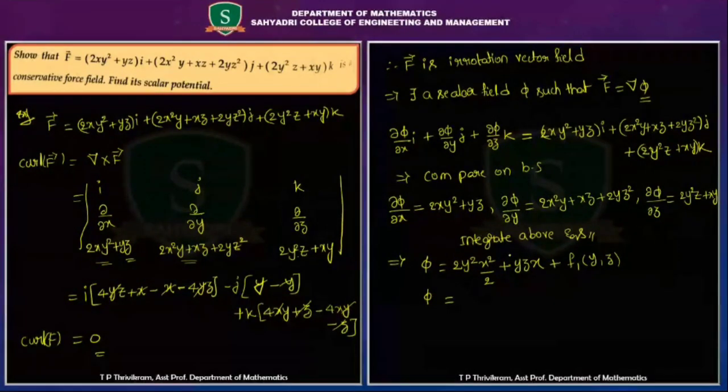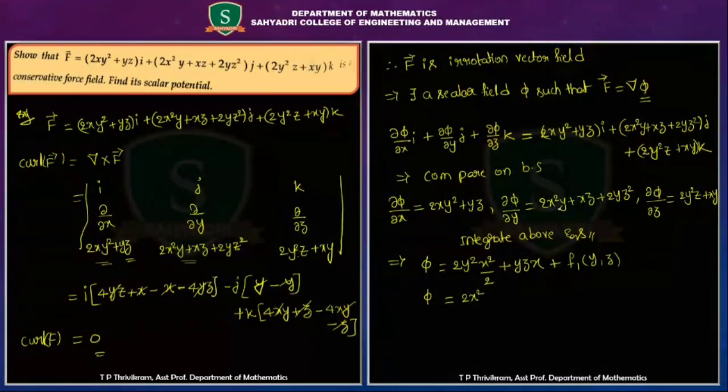Next, phi is equal to, from the second equation you try. Integrate with respect to y, you have to keep 2x square aside. Integration of y is y square by 2. Next, plus second term. So in second term y is not there, so integration of 1 dy is y you will get. So xz into y. Plus one more y is there, so you will get 2z square into y square by 2.